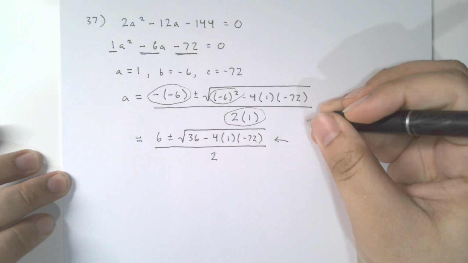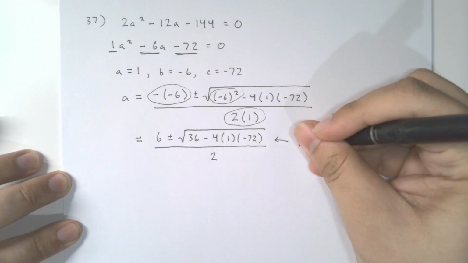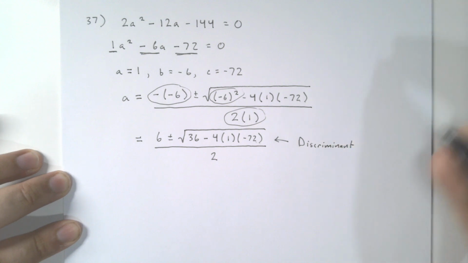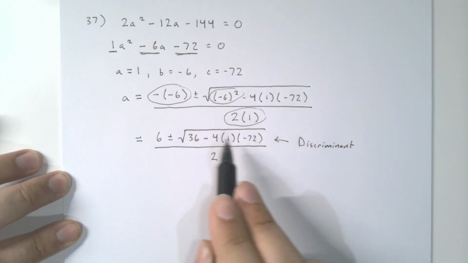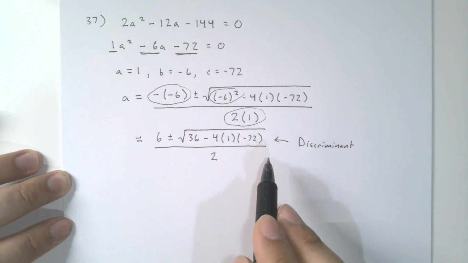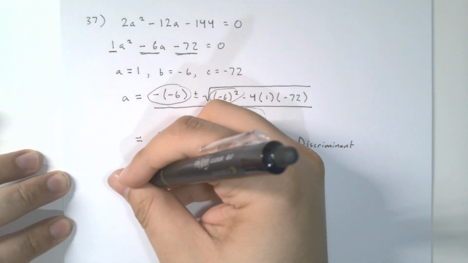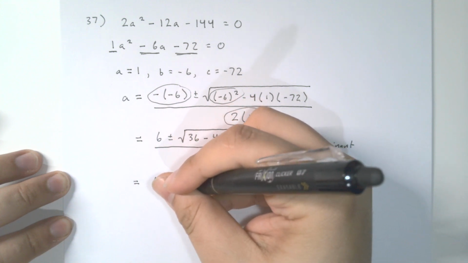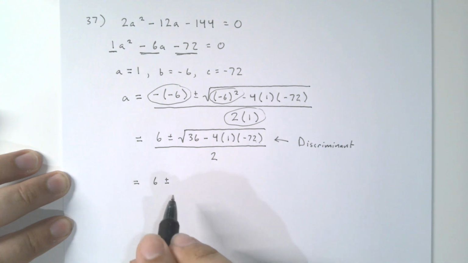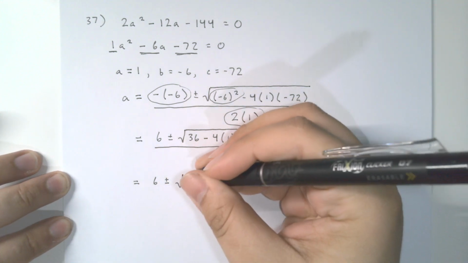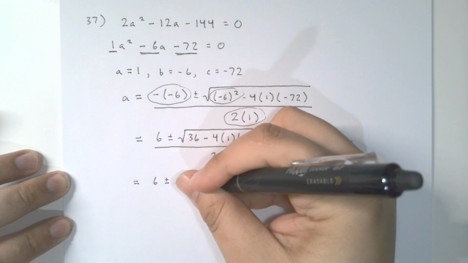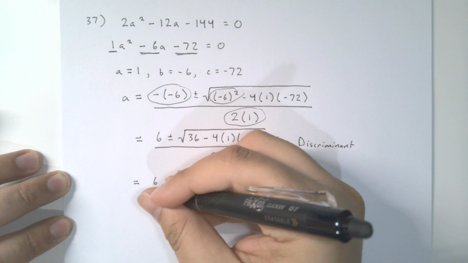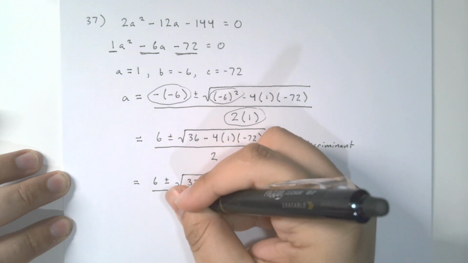We'll talk about this in the next video when we're analyzing the discriminant, but I'm going to refer to the inside of the square root, this value, as the discriminant. So if you put the discriminant into your calculator, you should end up with 6 plus or minus the square root of 324, and then all of that is going to be divided by 2.